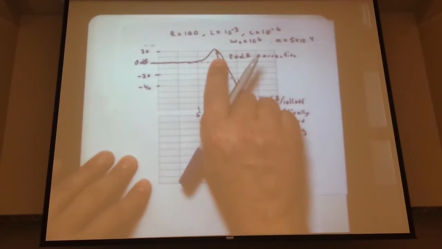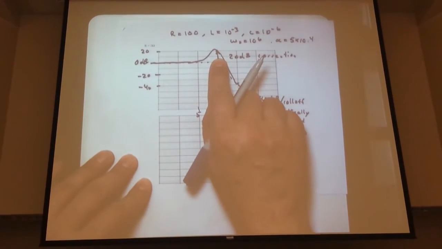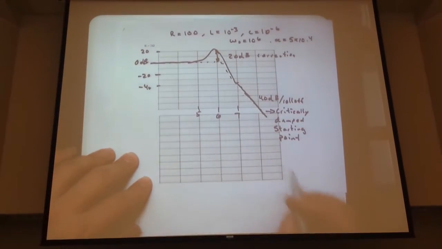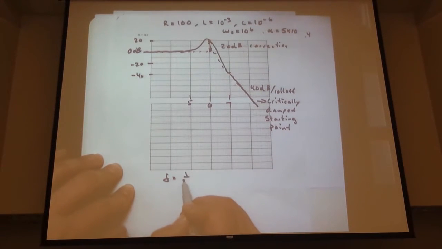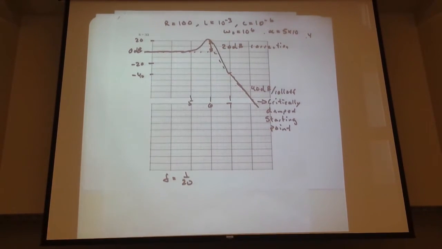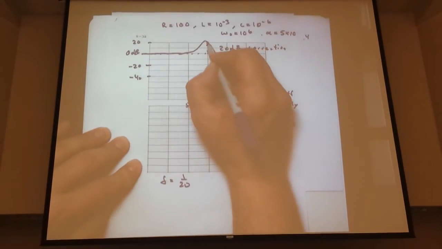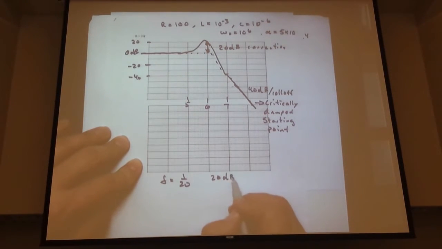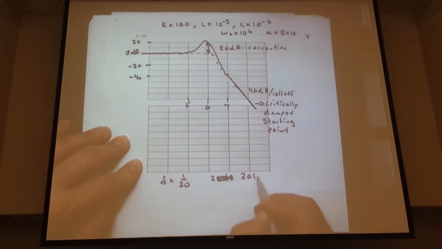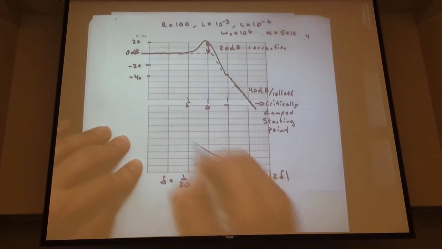Well, what's the height of this? This is 20 dB. In this case, we have a damping ratio of 1/20. The height of this distance here always is going to be 20 log of 2 times the damping ratio.